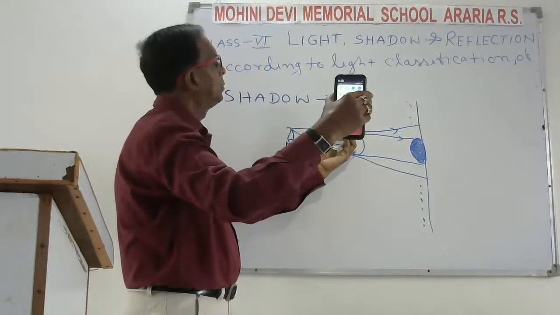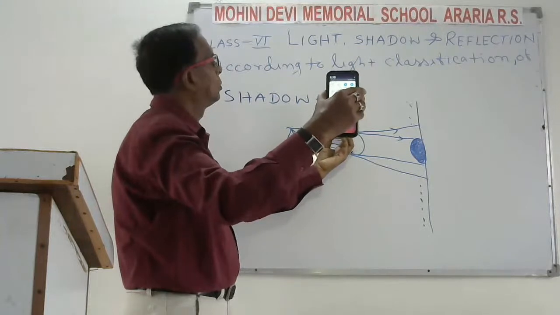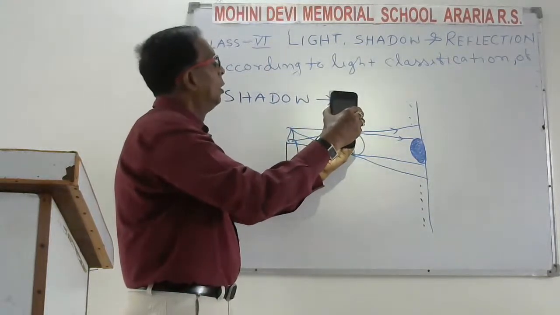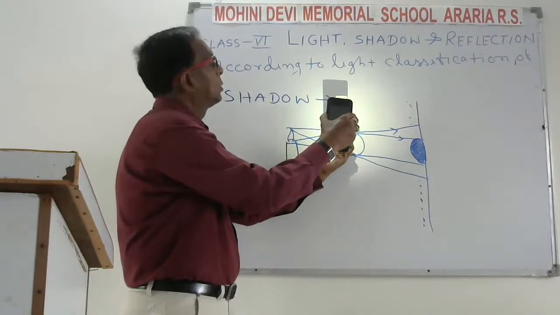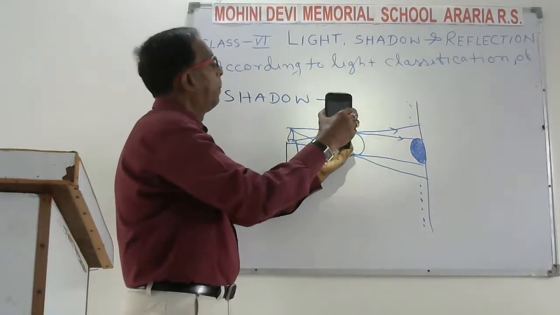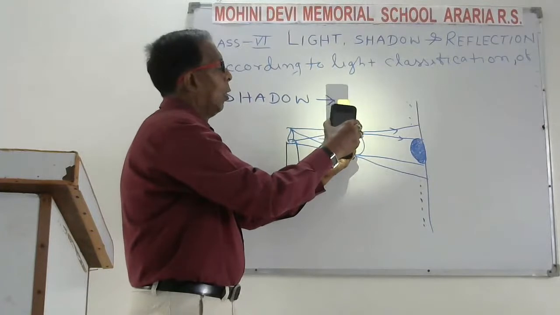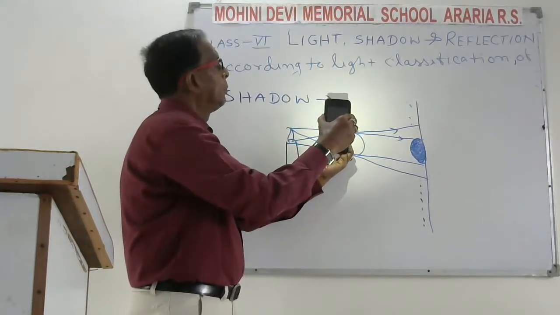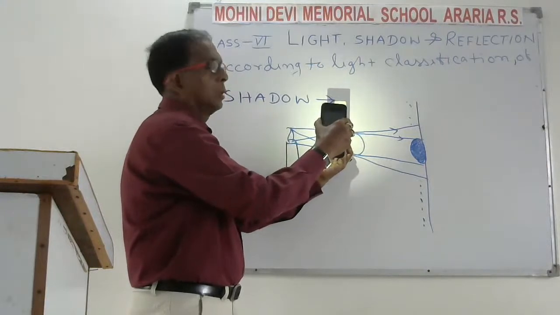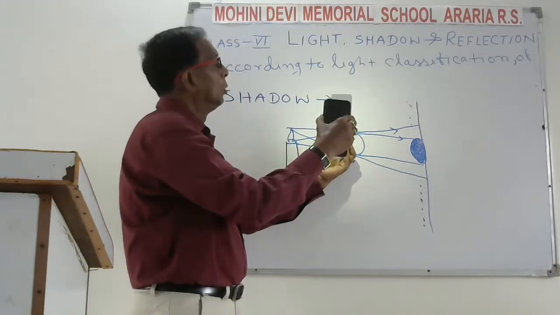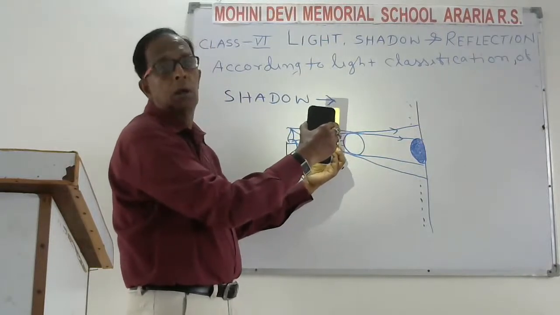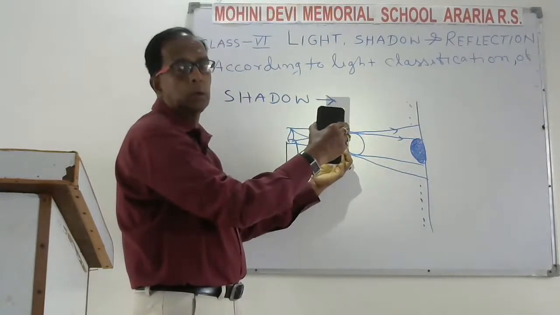And at one time it becomes constant. So the size of the shadow depends on the distance between the source of light and the opaque object.